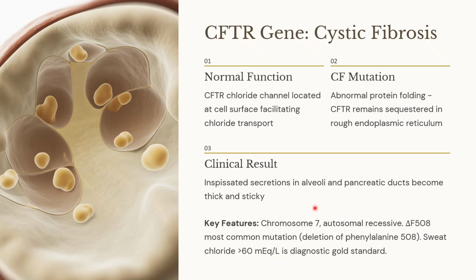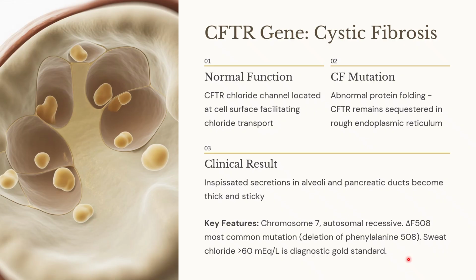Therefore, because the secretions are all thick and sticky, it results in cystic fibrosis. The key feature is chromosome number 7. It is autosomal recessive and delta F508 is the most common mutation. The delta F508 mutation will result in deletion of phenylalanine 508.